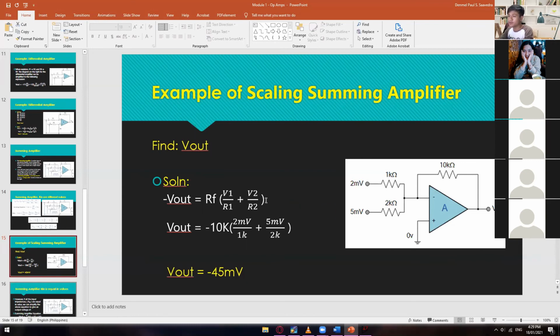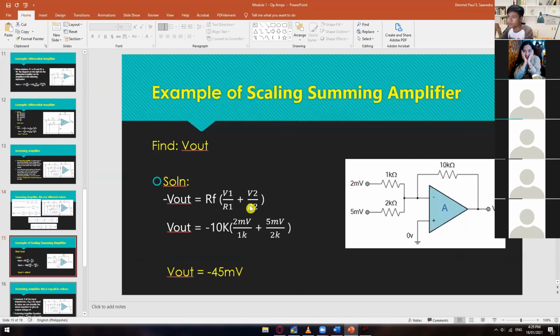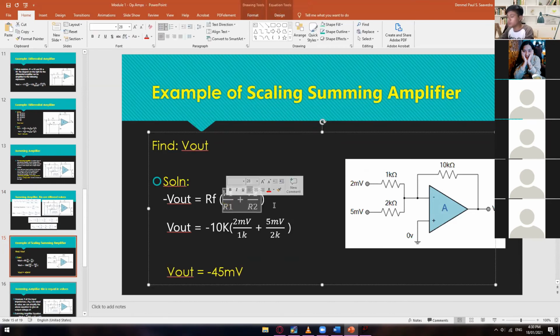Okay, so in here, all we need to do is get this one, and then put it here. And since, as you can see, we don't have voltage 3 and then R3, then we'll just have to put 2 voltages and then 2 resistors also. So from negative V out, it will become negative.